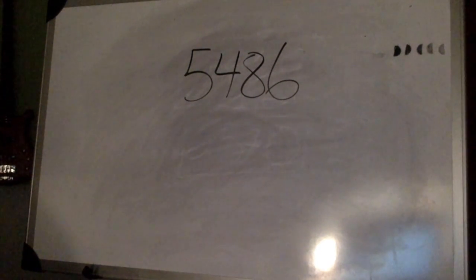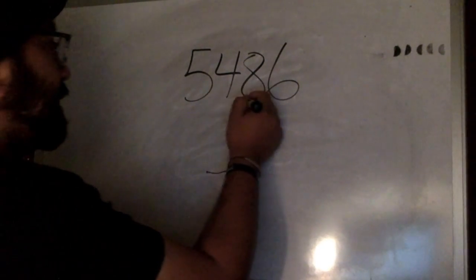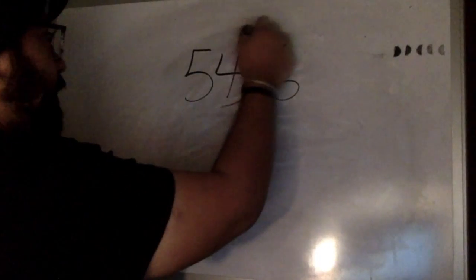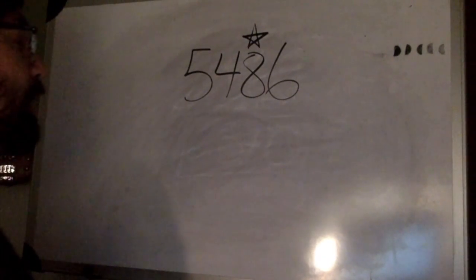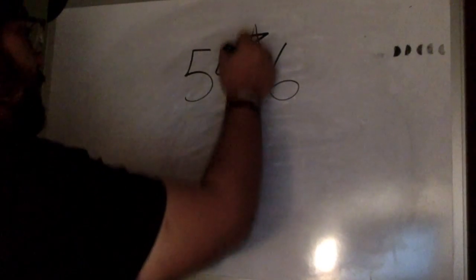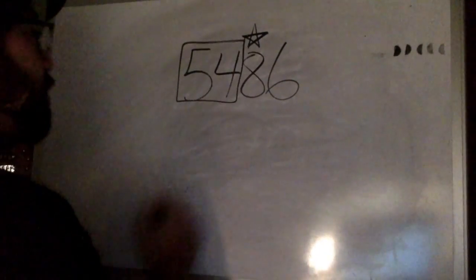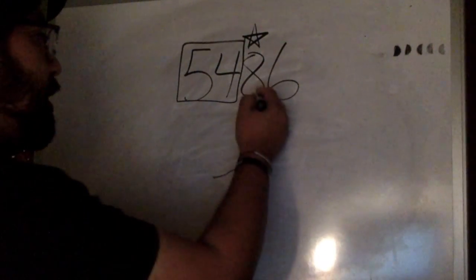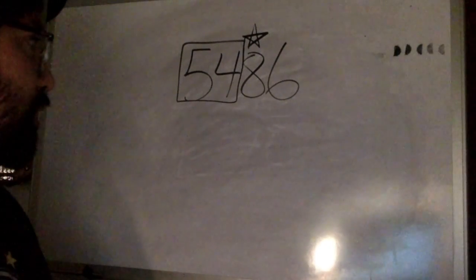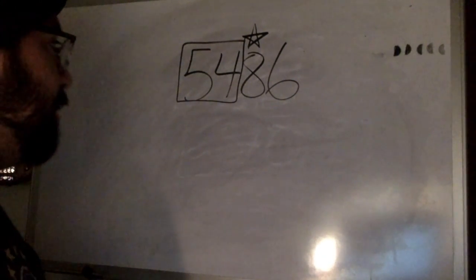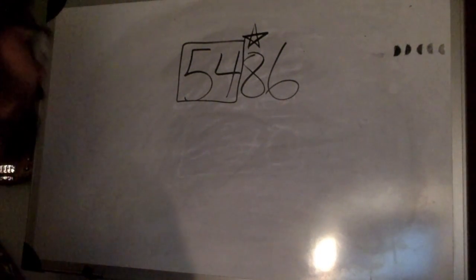Okay, now that you have it, let's give it a try together. 5,486 to the nearest 10. First step, find Cinderella. Ones and tens. We found Cinderella, give her a crown. And the rest is the royal family. You cannot touch the royal family. Look next door. Her sister, 4 and below or 5 and above? She is 5 and above.